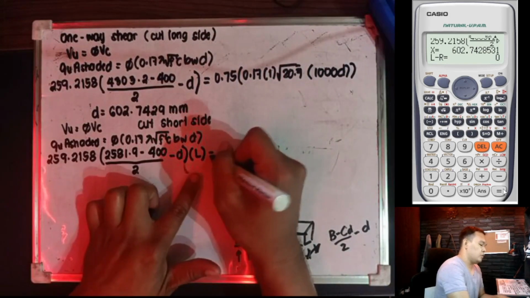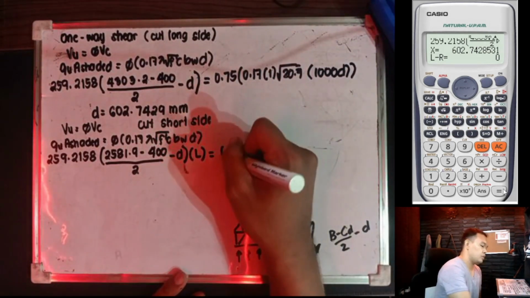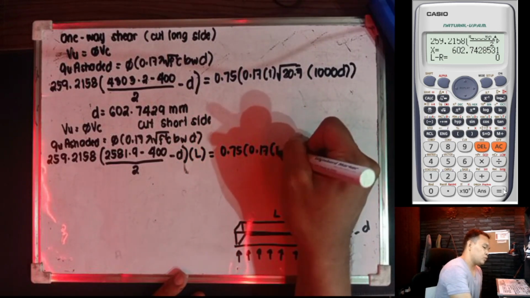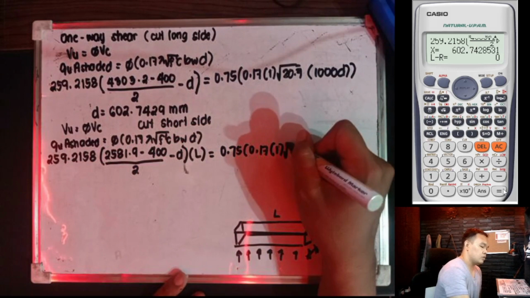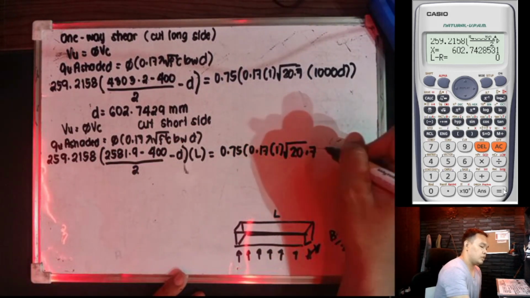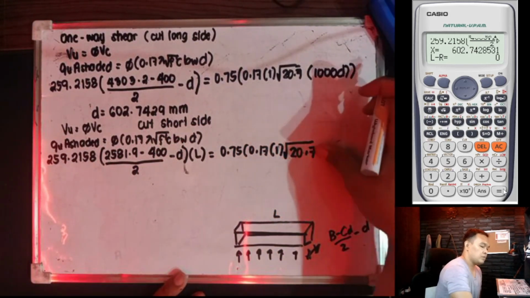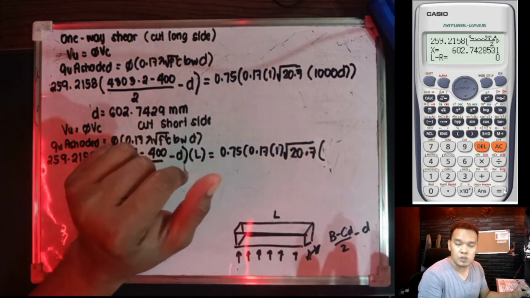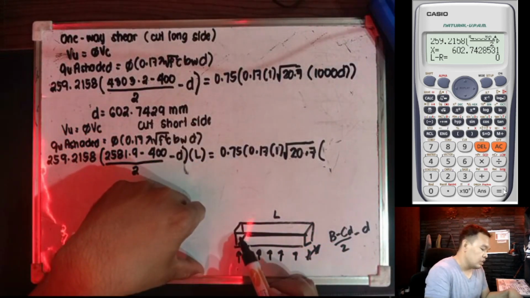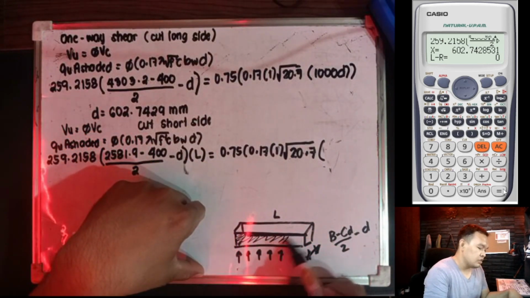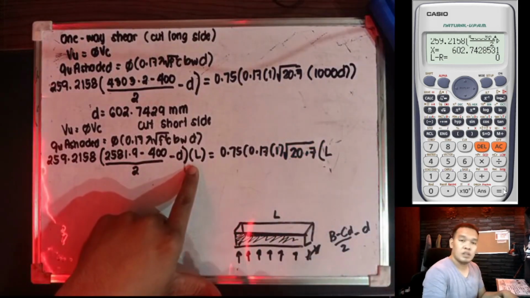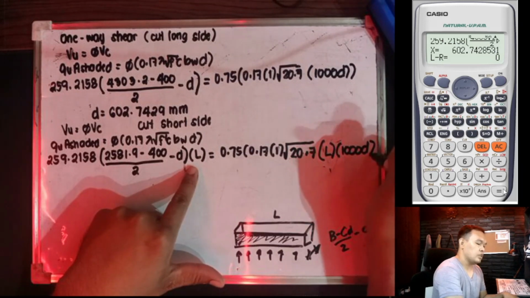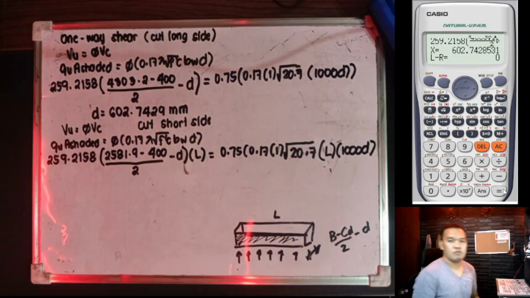So we have here equivalent to phi VC, which is 0.75 times 0.17 times 1, which is the lambda, the square root of 20.7 times the L. The BW is the area where the tearing occurs. This is it, this part here. So I have L here, which will also cancel out later. Then multiply by 1,000 D. Okay? So again, 1,000 is the conversion factor.